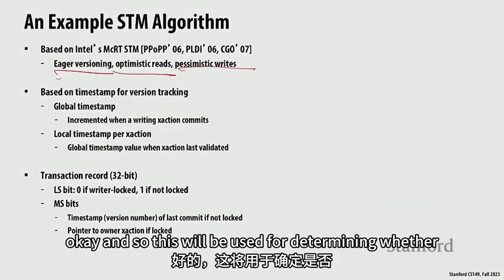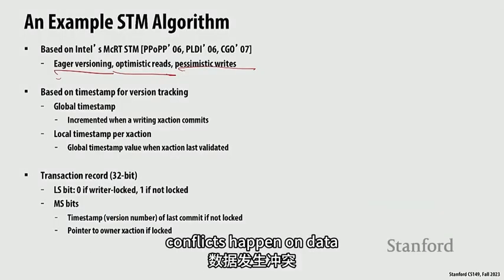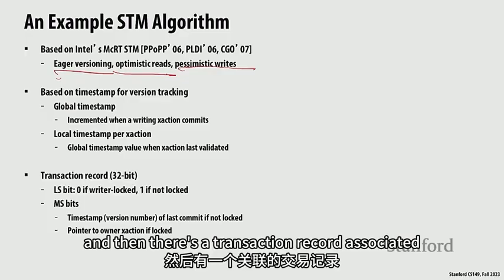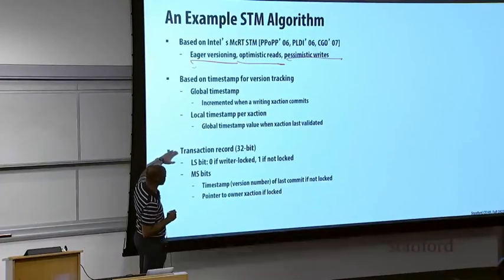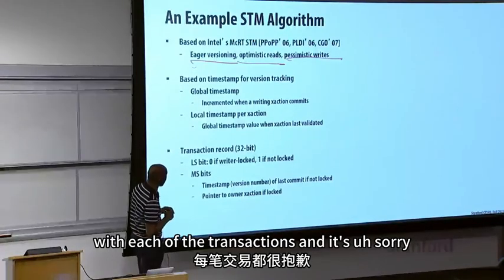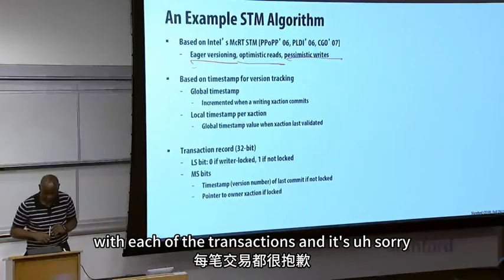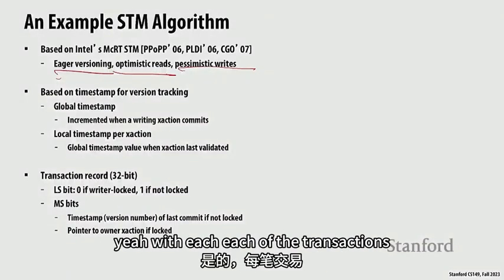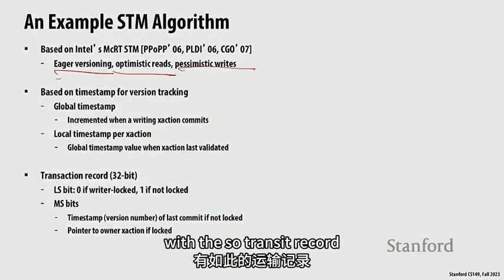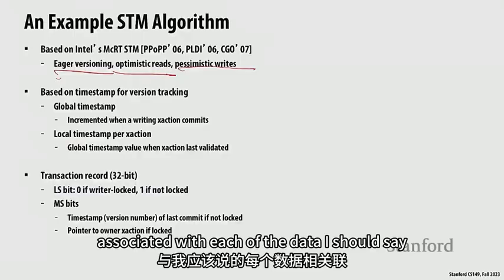This will be used for determining whether conflicts happen on data. And then there's a transaction record associated with each of the data.